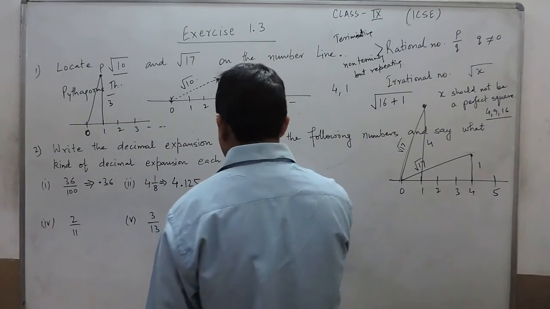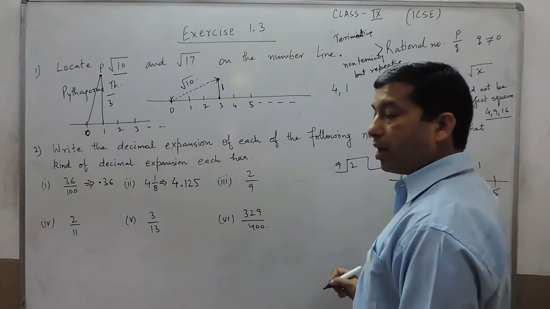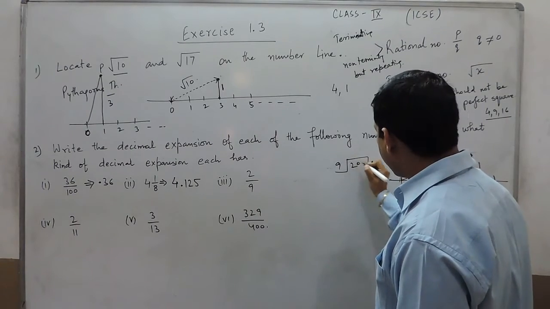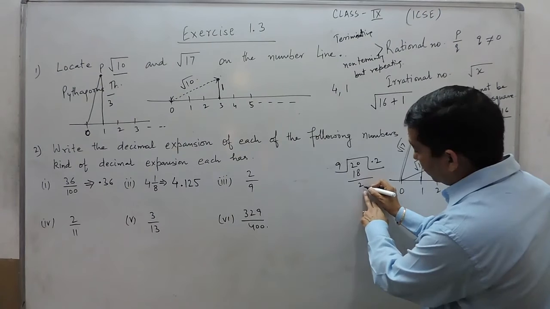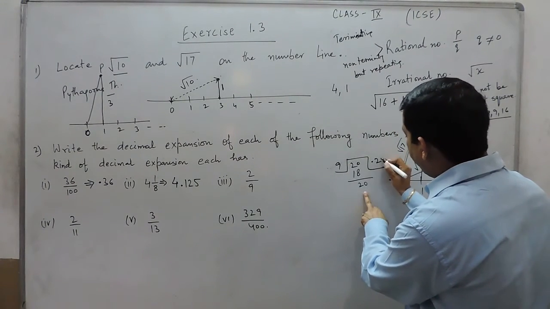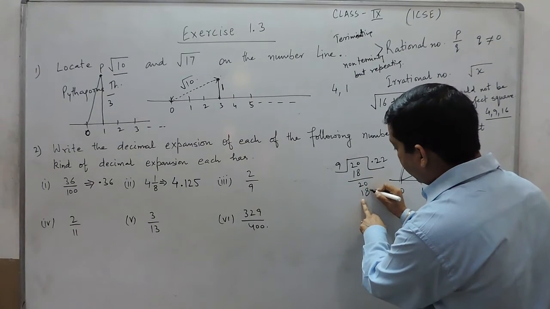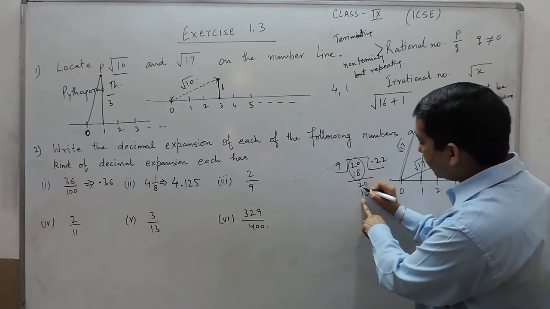2 upon 9. If I solve this, now after the decimal place, I put a 0, 9 goes into 20 two times, 18. Again the remainder is 2. I have to put a 0 in this. Again 9 into 20, 18. Now we are dividing. This will give 2 as the remainder.